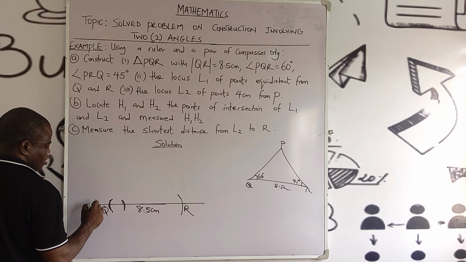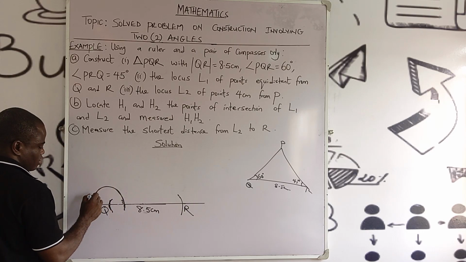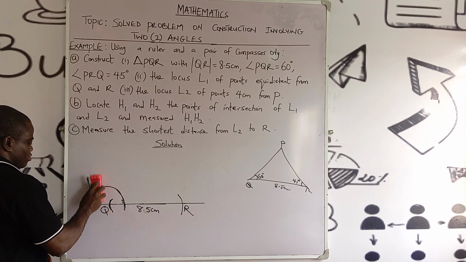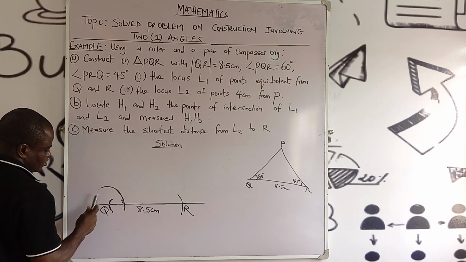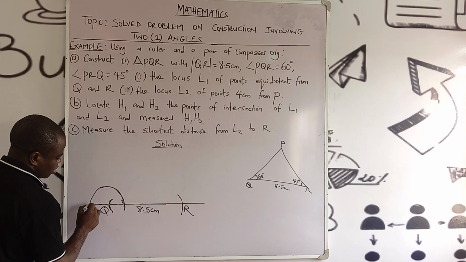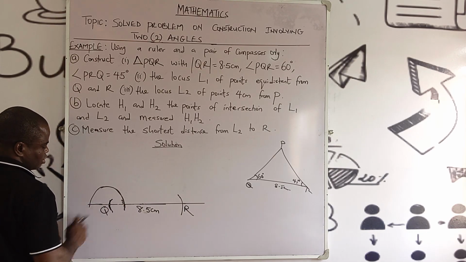Now just make a semicircle on this with the arc. Make a semicircle. And with the same radius, you expand to this point.